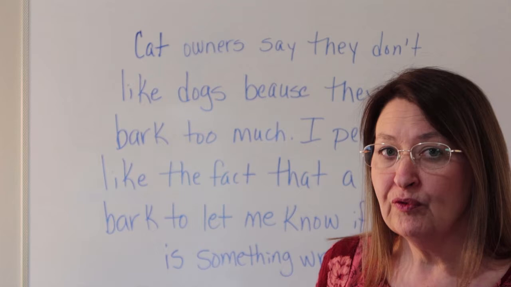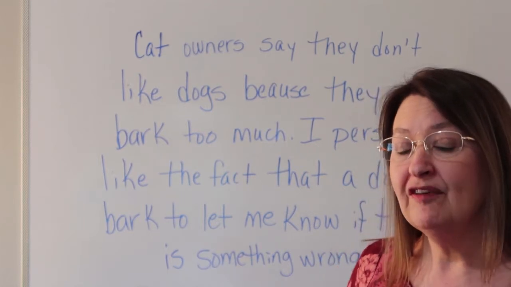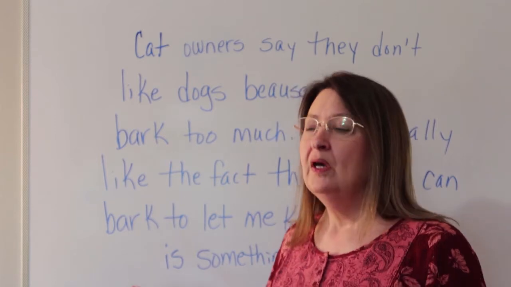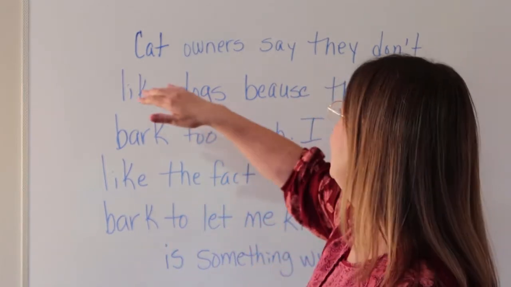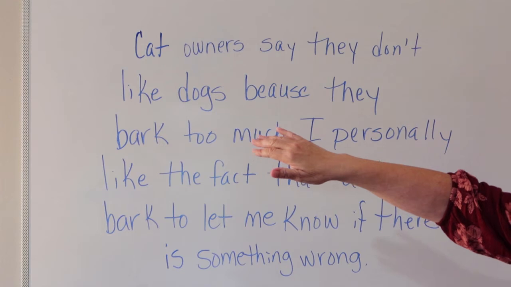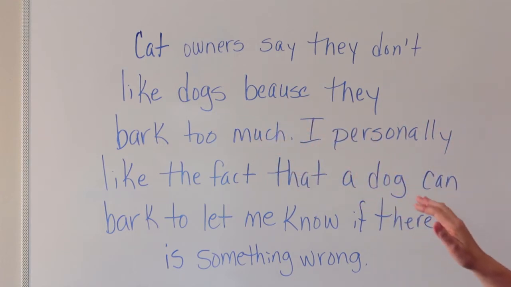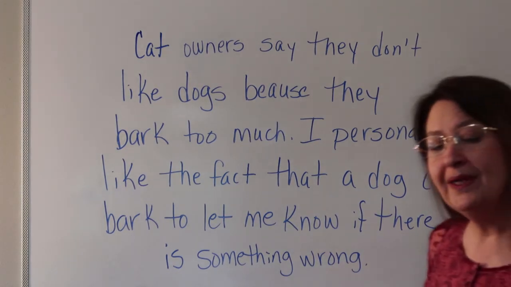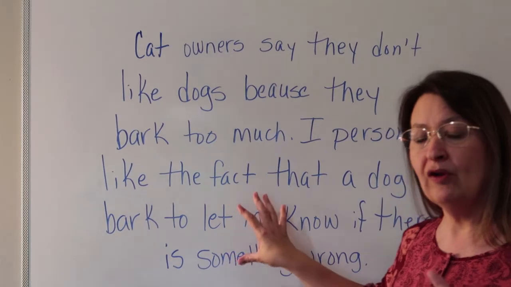If you can't tell why they're wrong, don't use it, because you don't want to give the other side any help. You're not trying to help their point of view. An example would be, cat owners say they don't like dogs because they bark too much. I personally like the fact that a dog can bark to let me know if there's something wrong. That would be a good counterpoint argument.